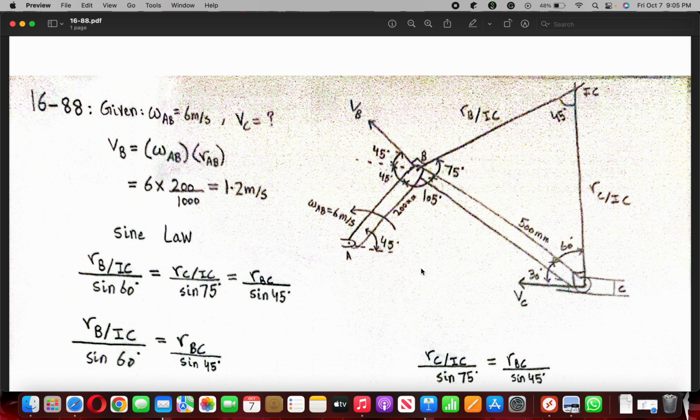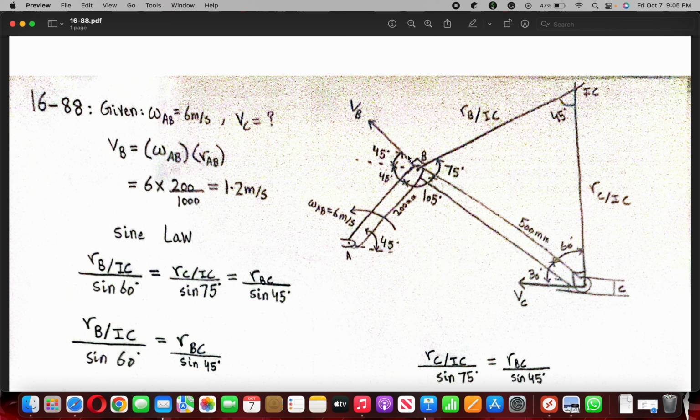So in this we have to use the IC method. First we need to find the direction of the velocity. The velocity of B will be perpendicular to AB, and as 45 degree is the angle of AB with the horizontal, the angle will be 45 over here as well, and the remaining is 45 as well, because the total angle of VB with the AB rod is 90 degree.